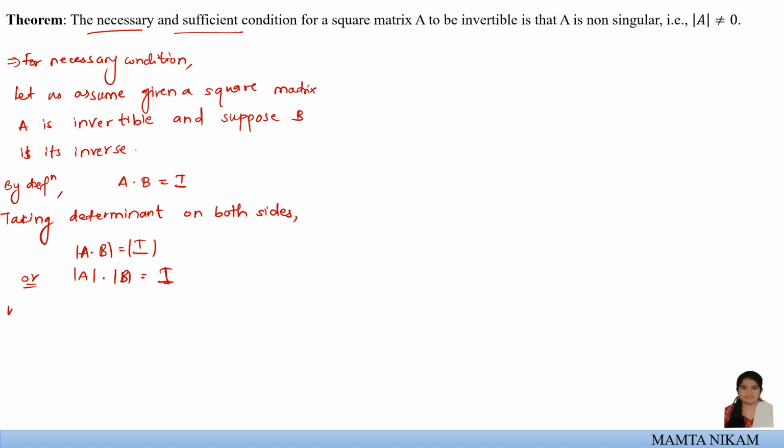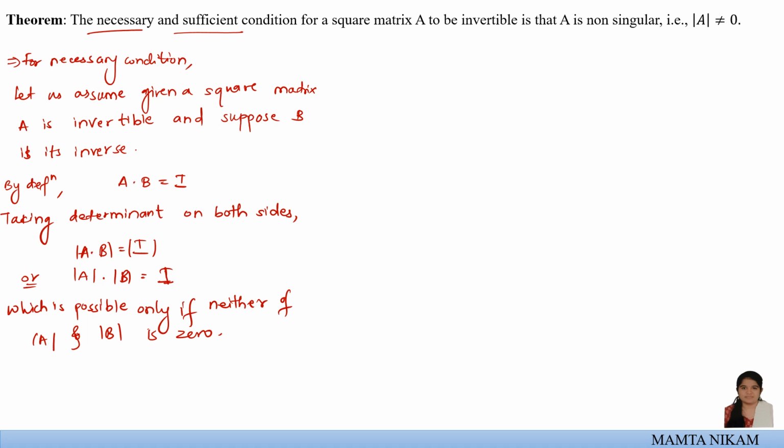So it is possible only if neither of determinant of A and determinant of B is 0. Means what?